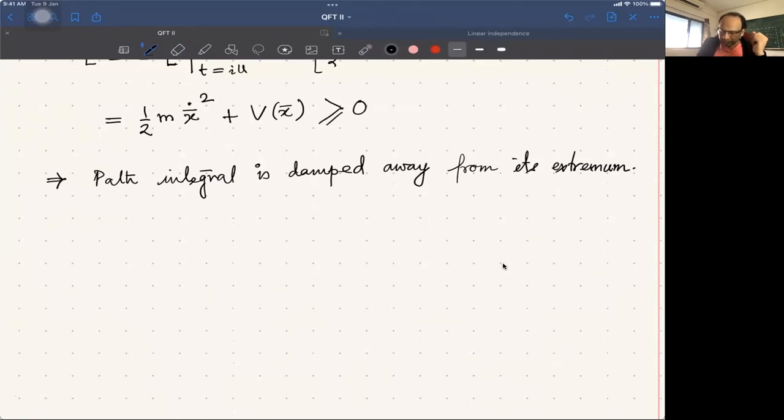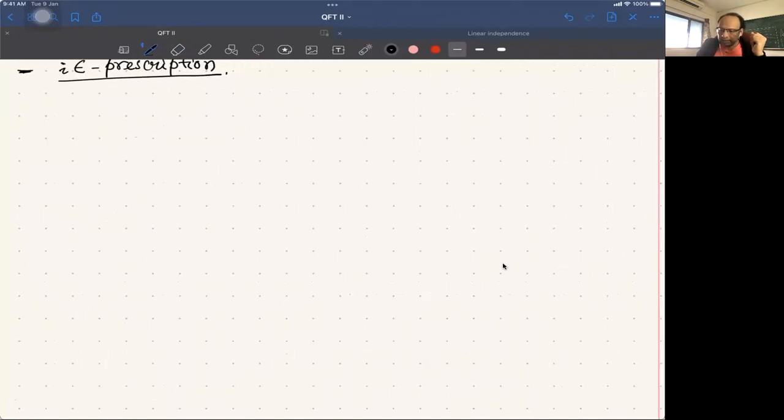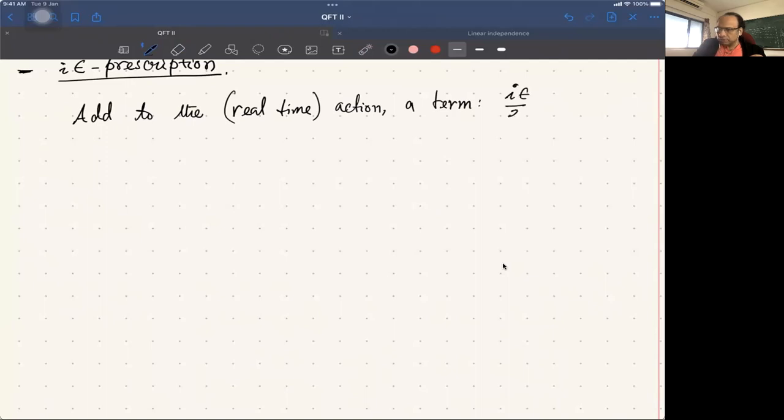Okay, so the i-epsilon prescription says, this is about Euclideanization, it says that we add to the real-time action a term i epsilon over 2 x square of t.